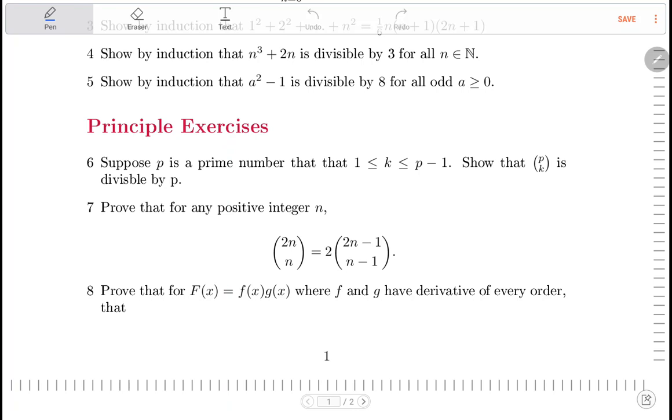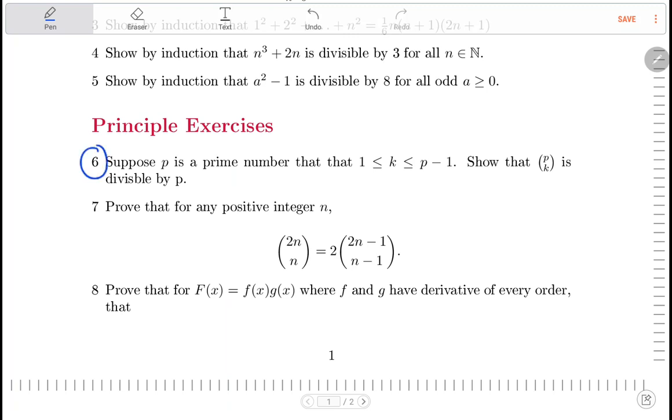Next, let's talk about some of the other problems in the tutorial. If we look at number 6, it says that suppose p is a prime number and that 1 is less than or equal to k, which is less than or equal to p minus 1. Show that p choose k is divisible by p. So, what does it mean for something to be divisible by p? This is similar to the previous problem we did.